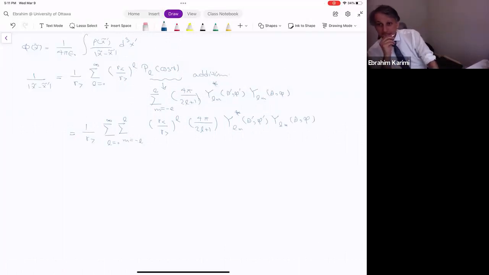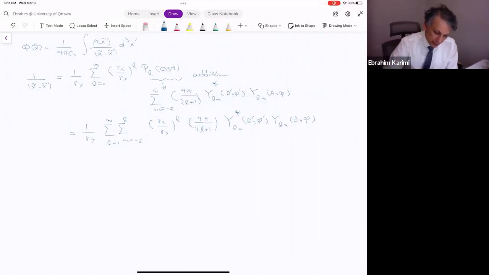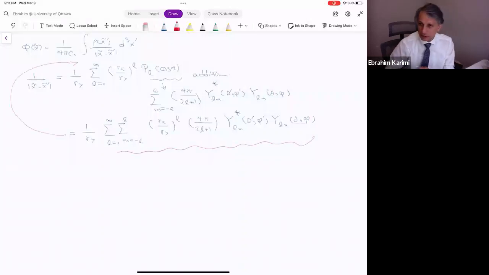All right? And we already tried that, essentially. So the only thing that I have to do is substitute this expansion inside the potential, for the localized charge.